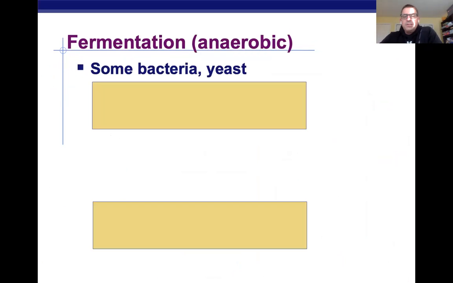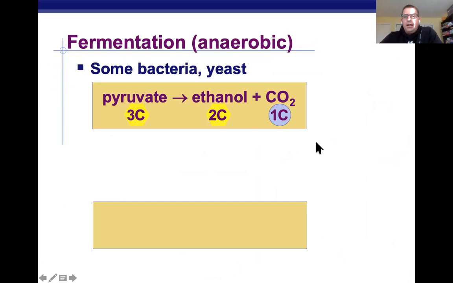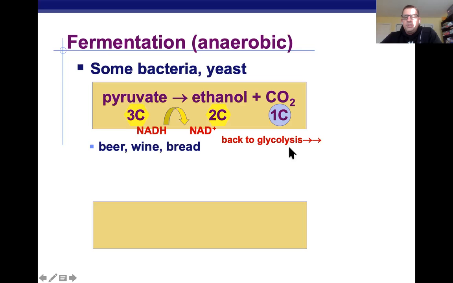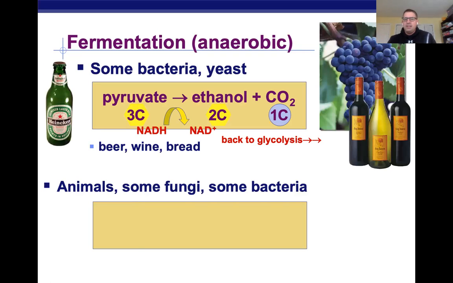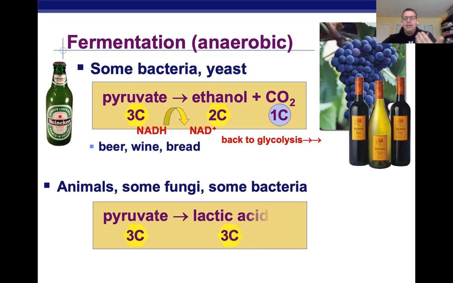So in some bacteria and yeast, the fermentation that takes place is going to be the ethyl alcohol fermentation, okay? And this is taken advantage of by humans to generate beer and wine and bread. Okay, and then animals and some fungi and some bacteria are going to carry out lactic acid fermentation.